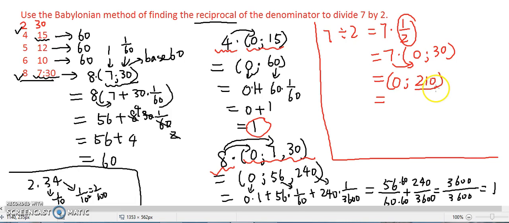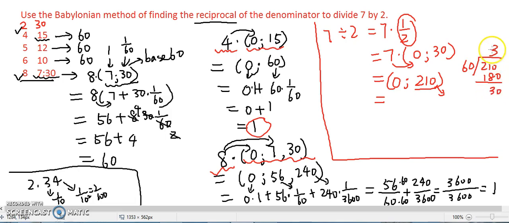We know the Babylonians use base 60, so no place should have a number bigger than 60. So for 210, we divide by 60: 3 times 60 is 180, and you will have 30 left.